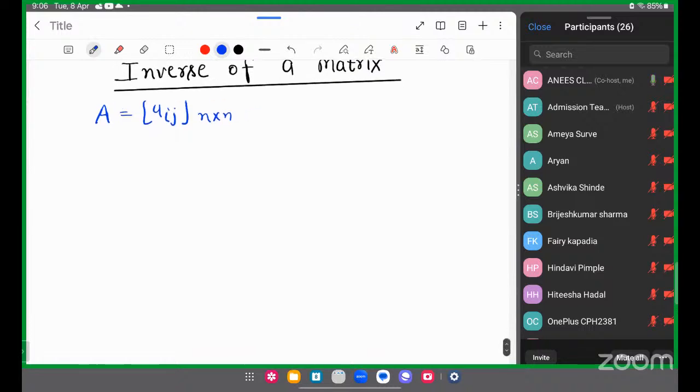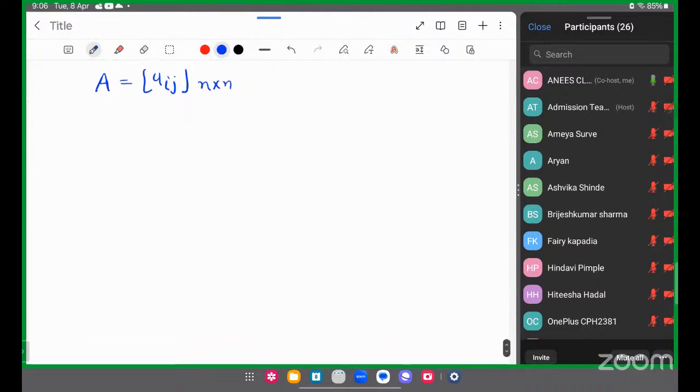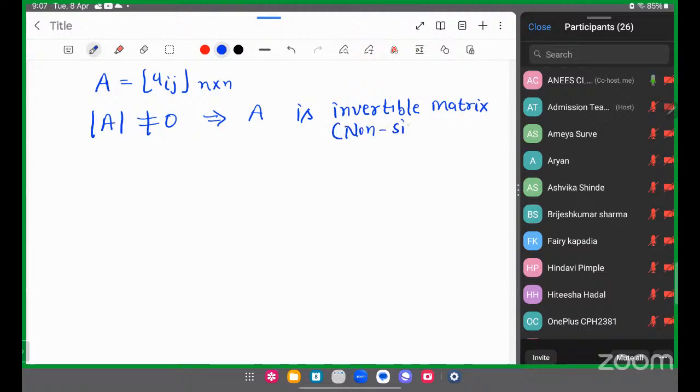So to know the behavior of matrix A, we have to find out determinant of matrix A. And if determinant of matrix A is not equal to 0, it means A is an invertible matrix. We call it non-singular, which implies that A inverse exists.